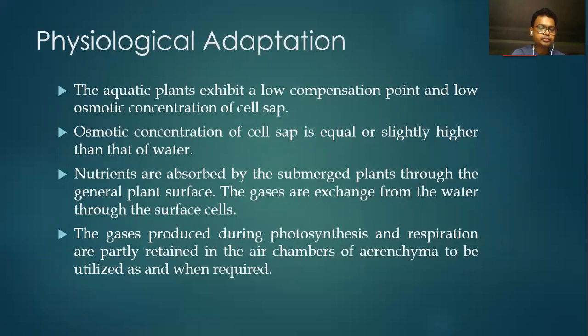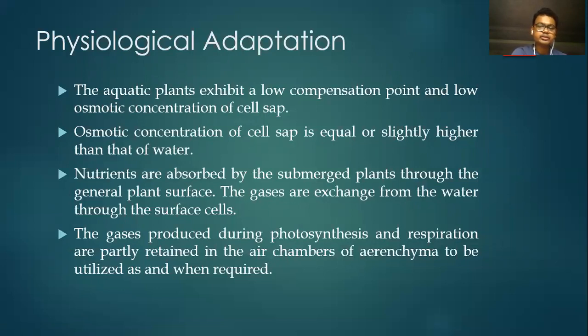The gases produced during photosynthesis and respiration are partly retained in the air chambers of the parenchyma, to be utilized as and when required. This is also an important physiological adaptation of hydrophytes, because they retain the gases produced during photosynthesis, that is oxygen, and during respiration, that is carbon dioxide.